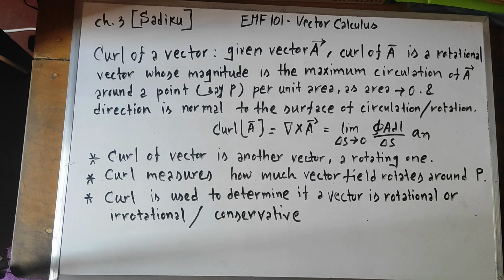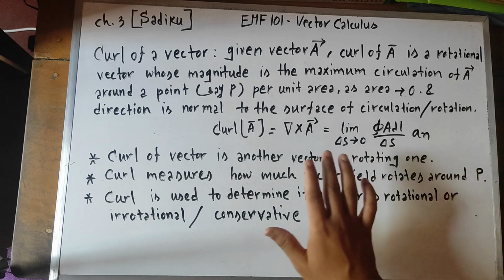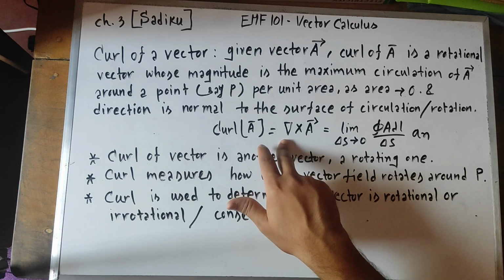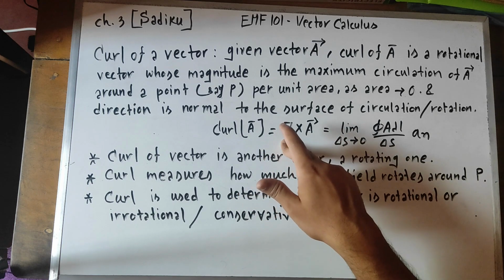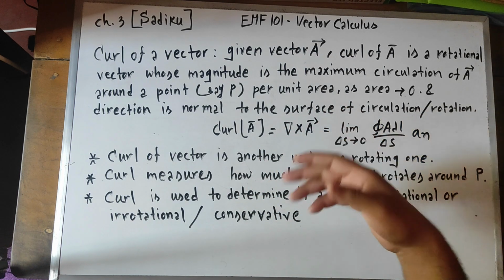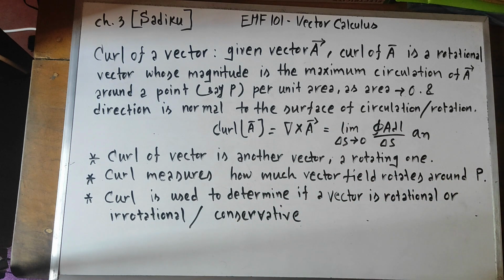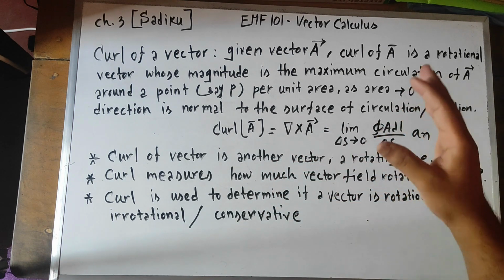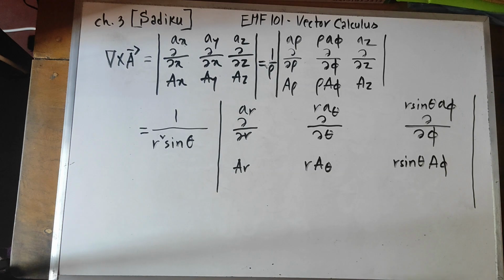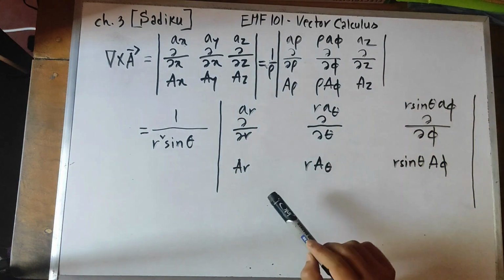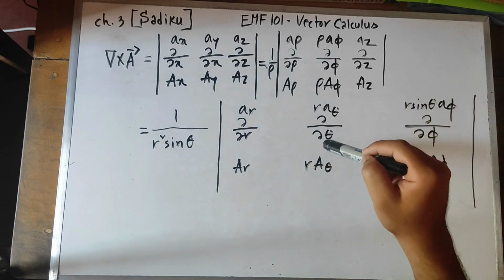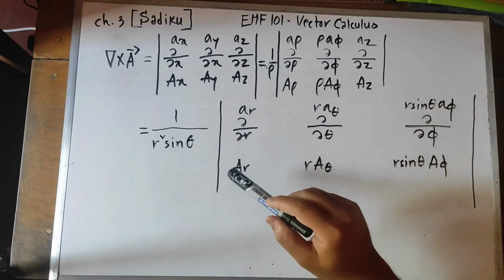Before getting to the problem solving part, we're gonna see how the vector multiplication of del and the vector field is expressed in the three coordinate systems. So here these are the three curl operations in the three coordinate systems.